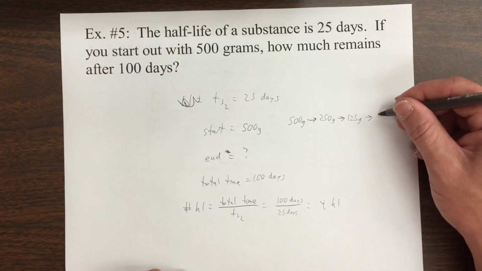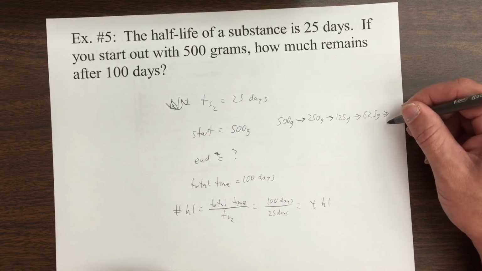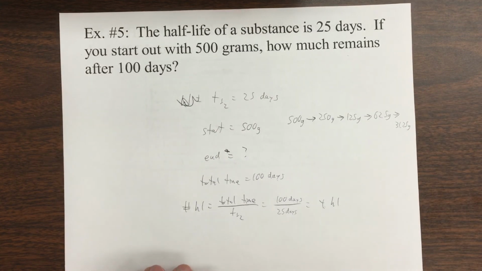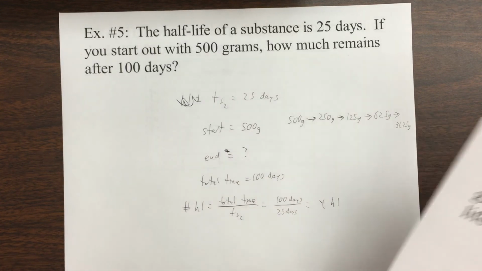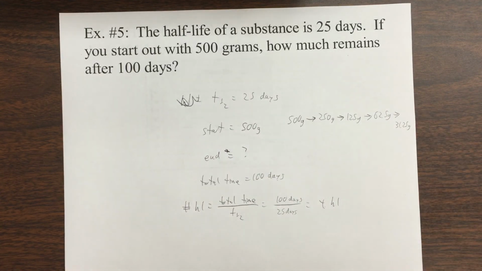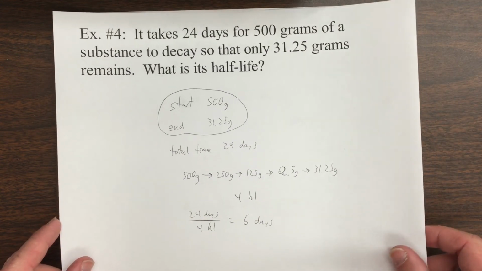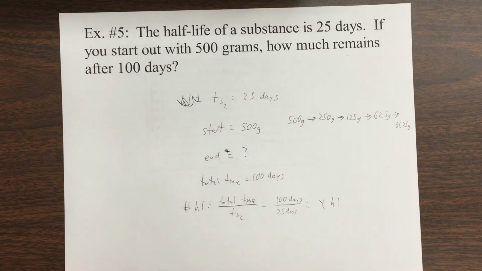One more time, 62.5. And once again, we get to 31.25 grams. So exact same numbers as before. So the half-lives were slightly different. Different approaches, but all using the same information.